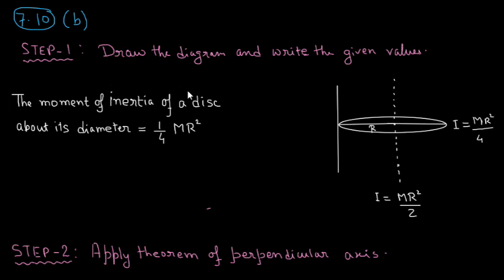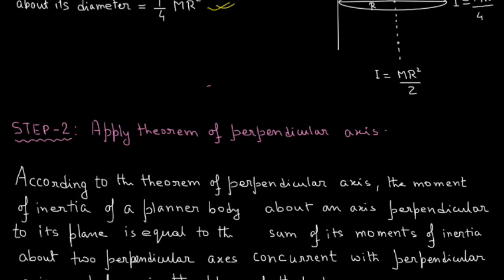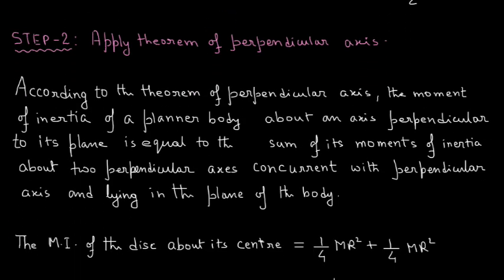7.10b. Step 1. Draw the diagram and write the given values. The moment of inertia of the disk about its diameter is 1 upon 4 mr square. In step 2 we'll apply the theorem of perpendicular axis.